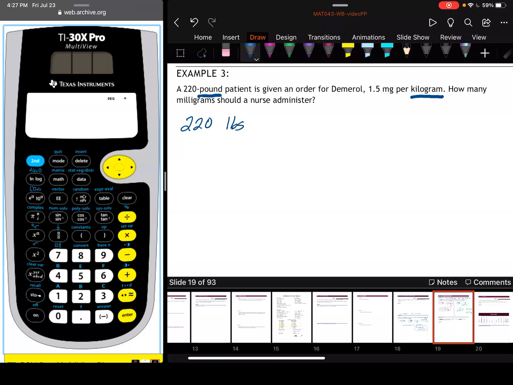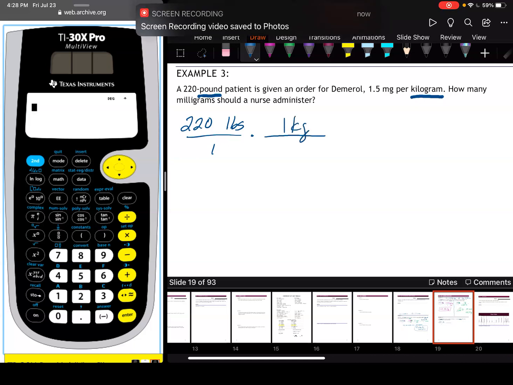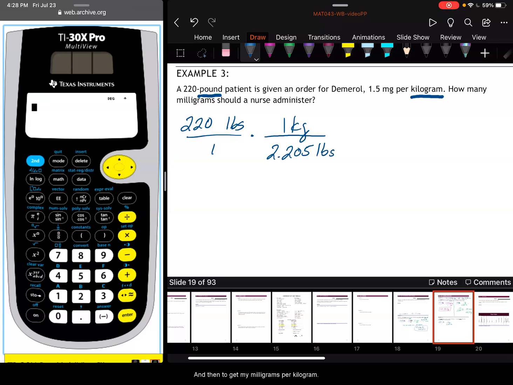220 pounds. I'm going to use the 1 kilogram is 2.205 pounds. Okay. And then to get my milligrams per kilogram, I'm actually going to add that as our next unit fraction, because we could write this as a conversion of 1.5 mg equals 1 kg.